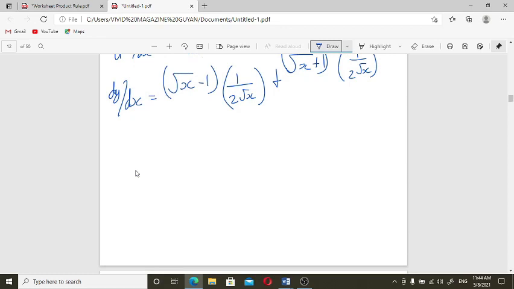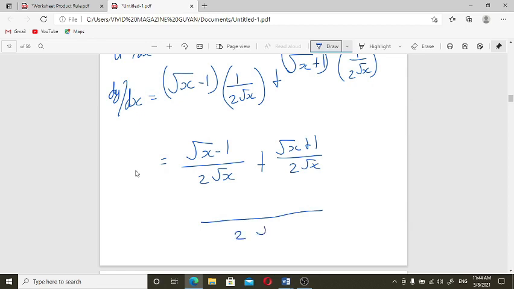So what this now gives me is the root of x minus 1 divided by 2 root x plus the root of x plus 1 divided by 2 root x. Now the roots are similar, but for the sake of problem solving, let's just write it out. So I have the root of x minus 1 plus the root of x plus 1. The ones go, which gives me 2 root x, divided by 2 root x, which gives me 1 over 1, which is 1.